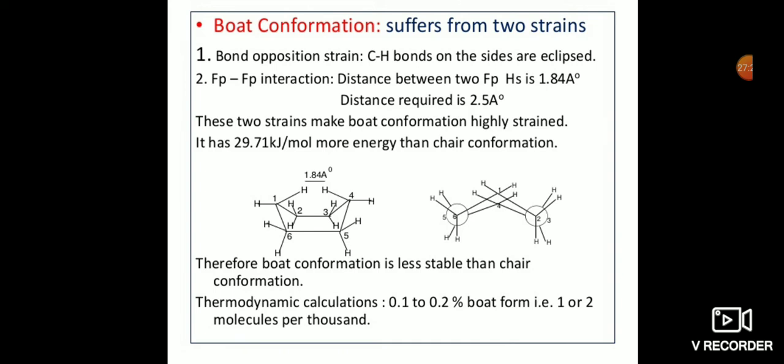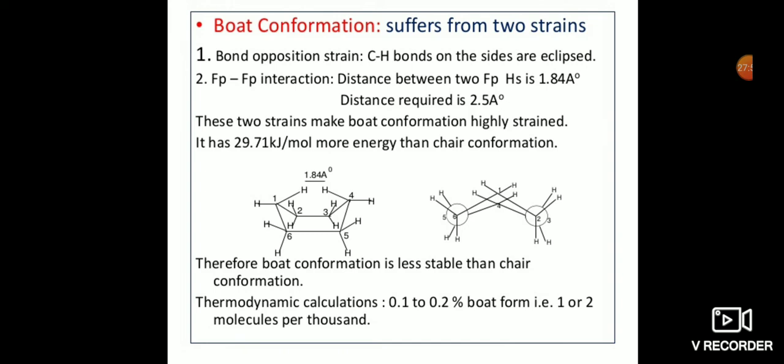And then FP interaction: the distance between the two flagpole hydrogens is 1.84 angstrom. The distance required is 2.5 angstrom. So this is less than the ideal 2.5 angstrom. These two strains make boat conformation highly strained.